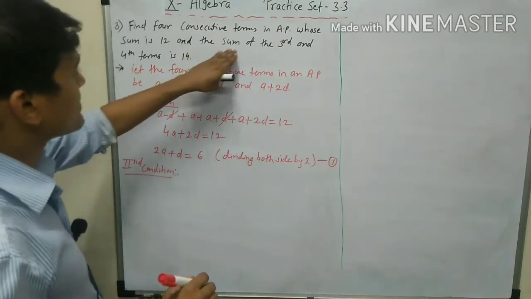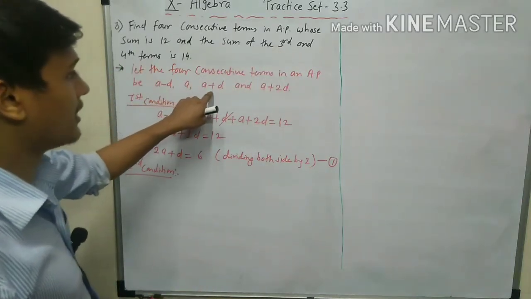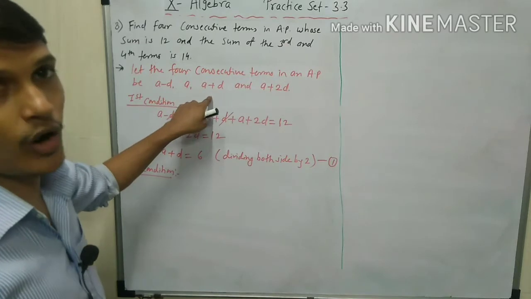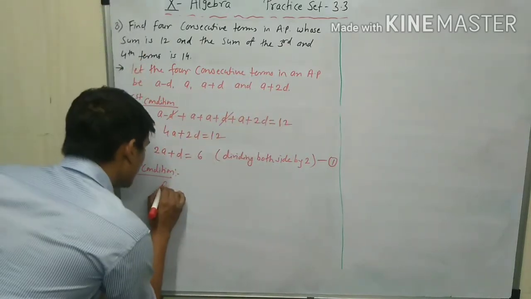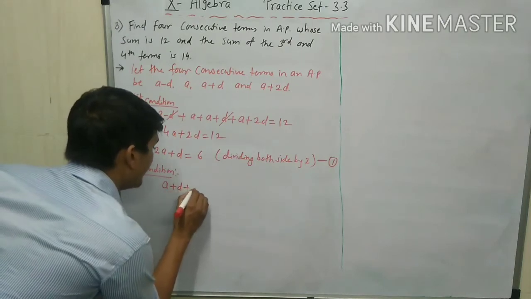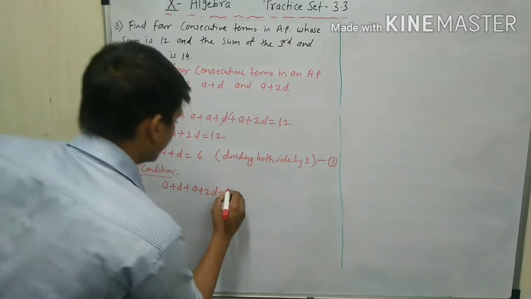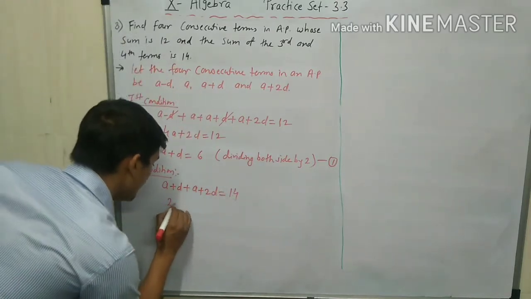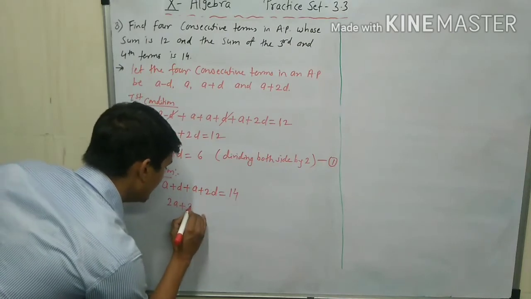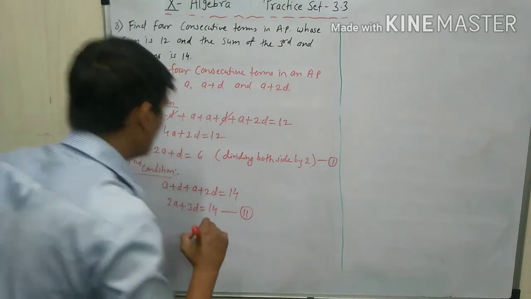The sum of the third and fourth term. There is first term, second term, third term and fourth term. Third term is a plus d and fourth term is a plus 2d. We can write here a plus d and a plus 2d is equal to 14. Understood? Now a plus a is 2a plus 3d is equal to 14. This is your equation number 2.